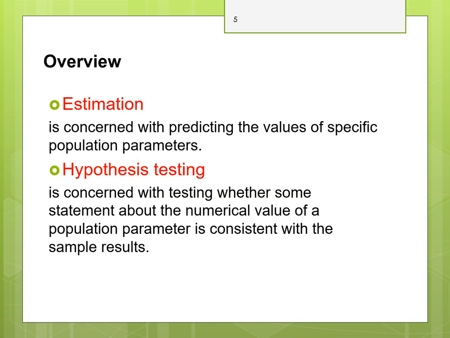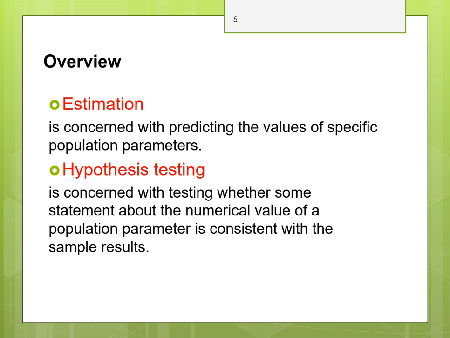Estimation is concerned with predicting the values of specific population parameters. That means we want to know the parameters of a population, but the population is too big.